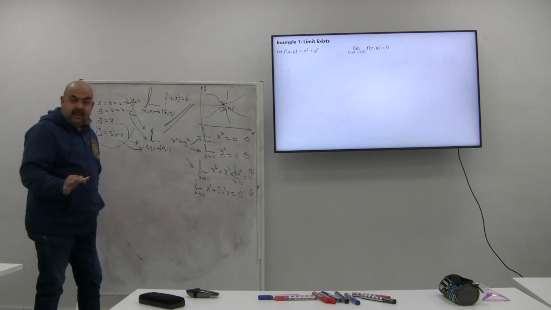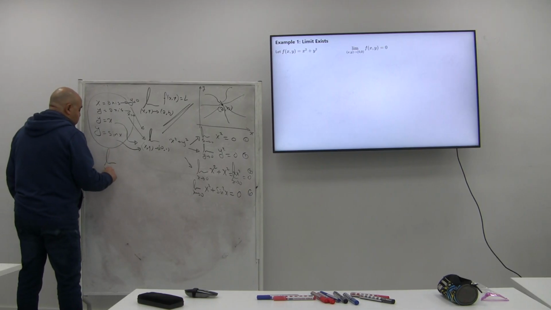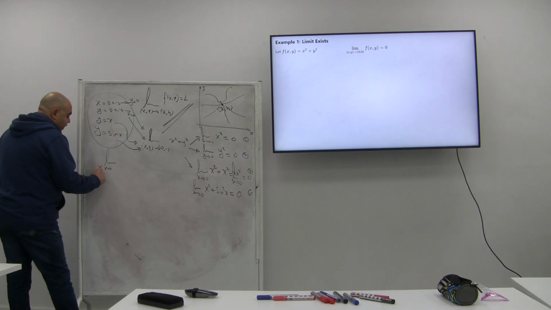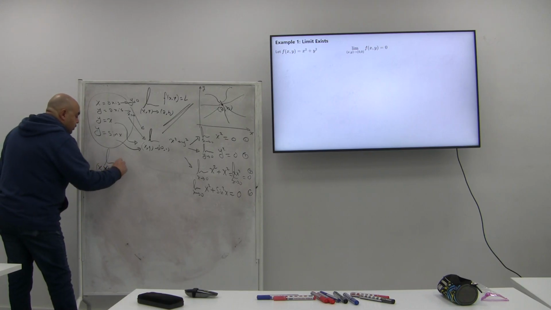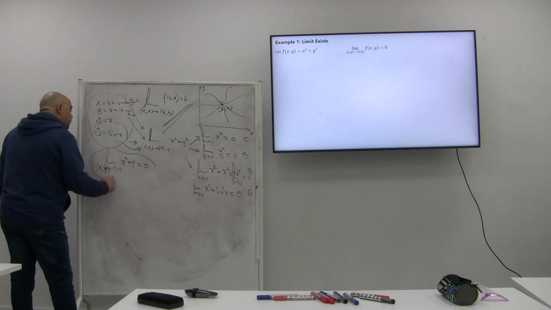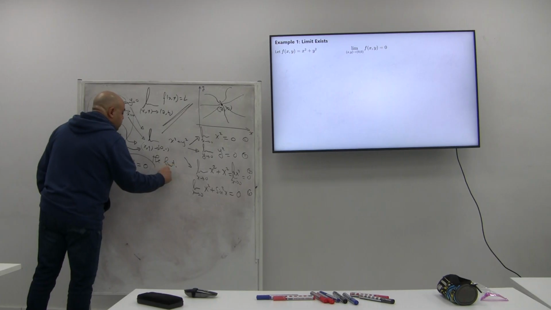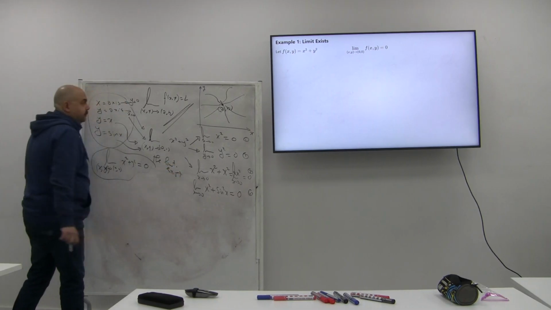All of them have the same results. So the limit as x and y tend to the origin 0, 0 of x squared plus y squared is 0, and the limit exists for this problem.